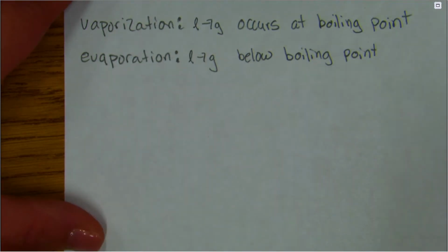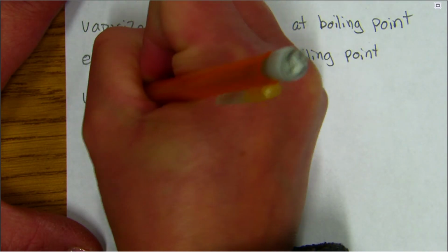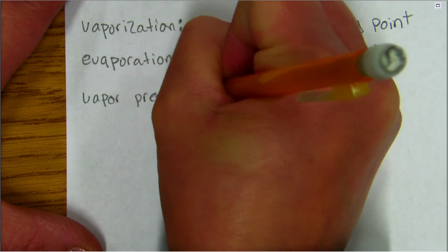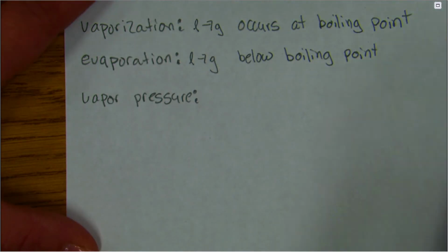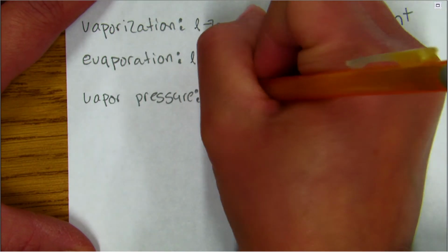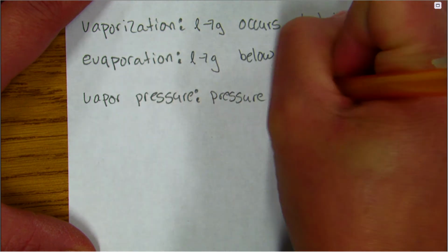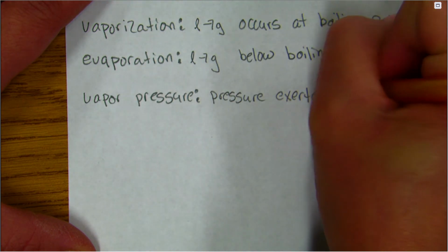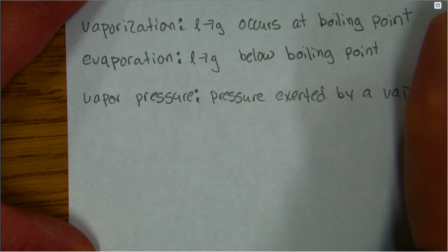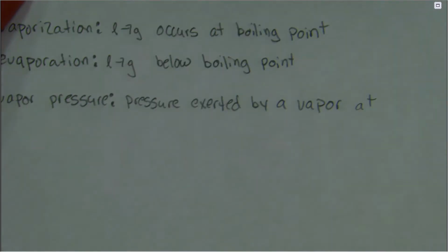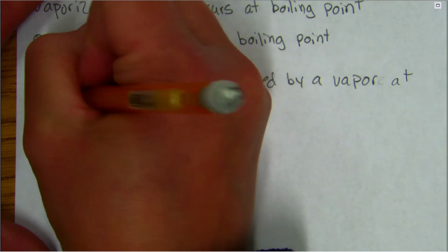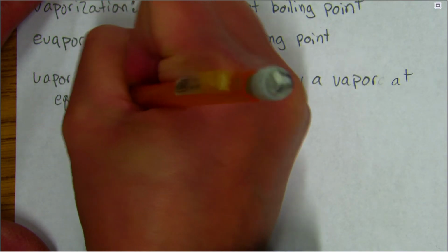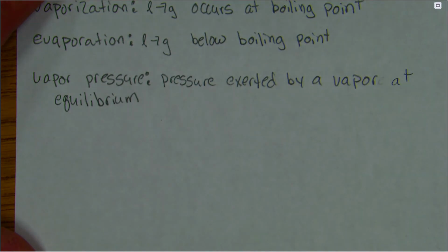All right, so let's talk about vapor pressure. Vapor pressure is the pressure exerted by a vapor at equilibrium when it's with its solid or liquid at room temperature.